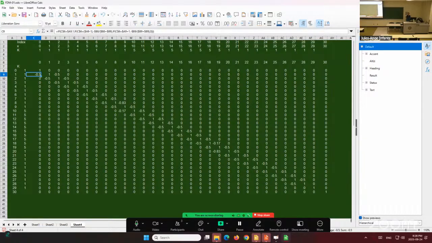But here they were moving with each column. Right? That's what caused that trouble.